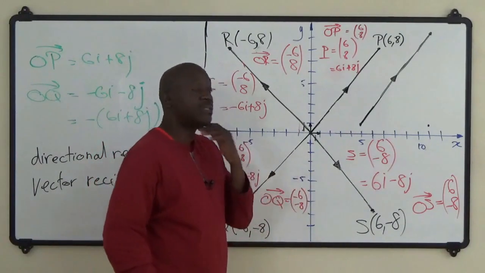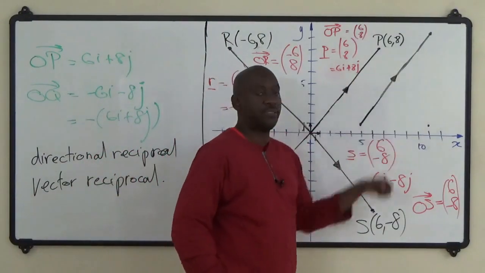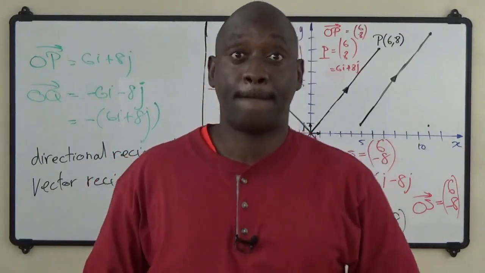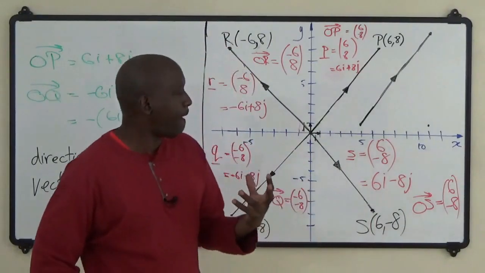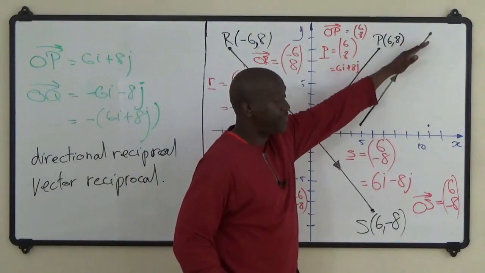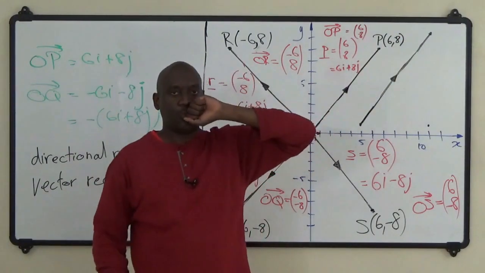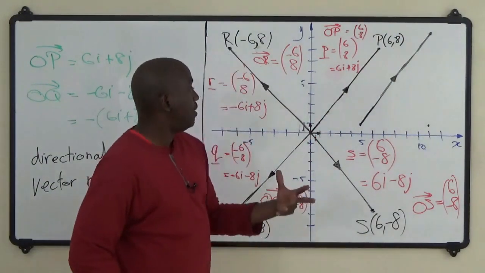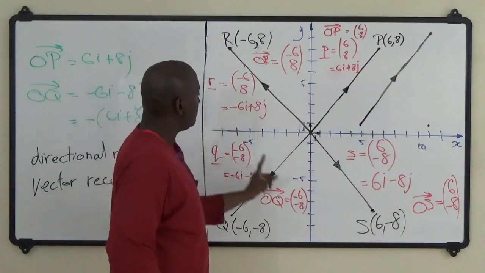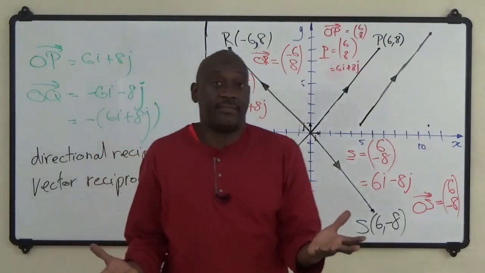And just as you would use your Pythagoras theorem to find the length, as we would have discussed in the videos on coordinate geometry, you could also determine the magnitude, the length of the vector, by using Pythagoras theorem on the components. And what you will find is that in each of these cases, regardless of the relative directions, the magnitude is always positive because the magnitude is just referring to the length of the vector.